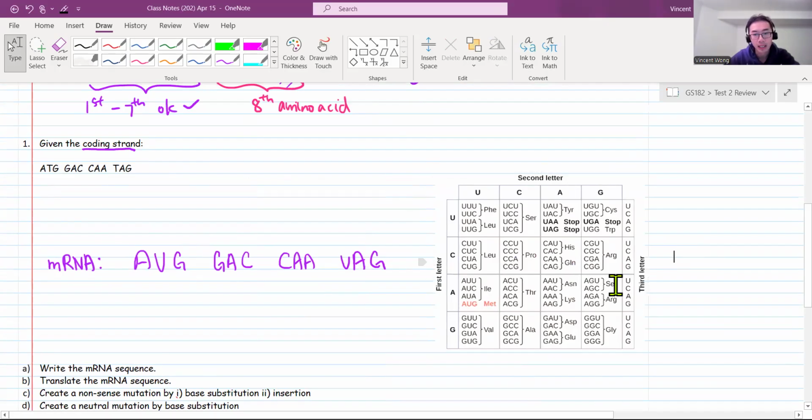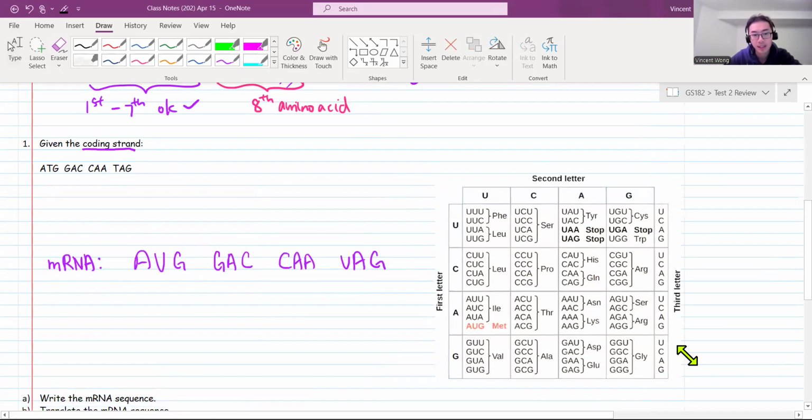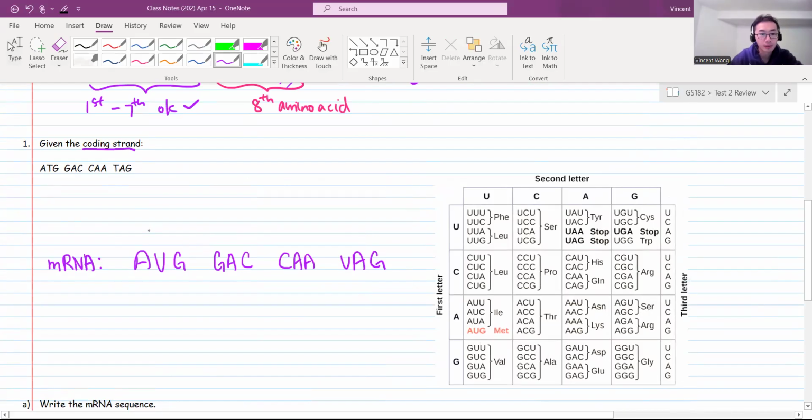And so let's take a look at the code here. Of course, you probably know the first amino acid is MET. And then you just look up GAC right here, which is ASP.